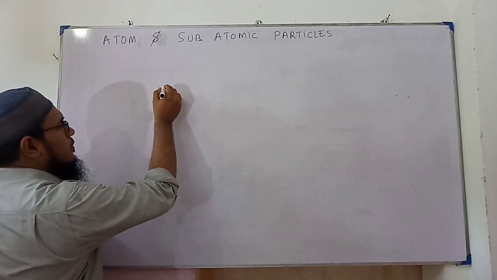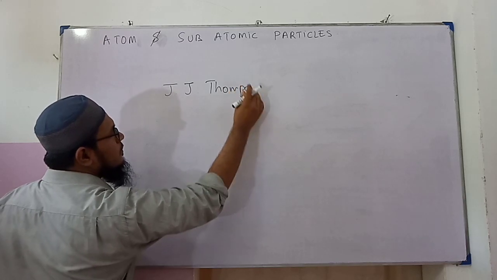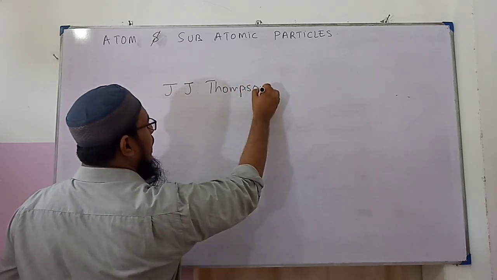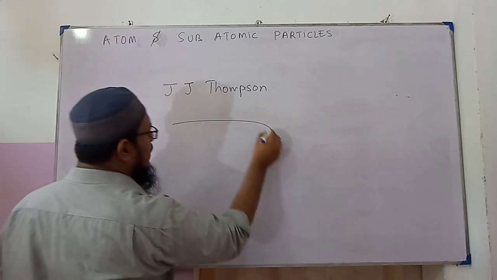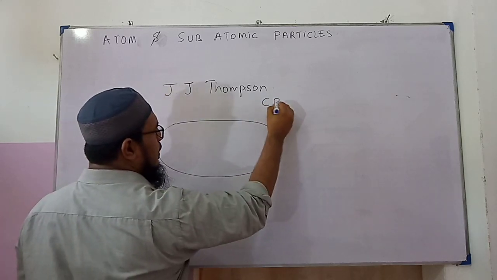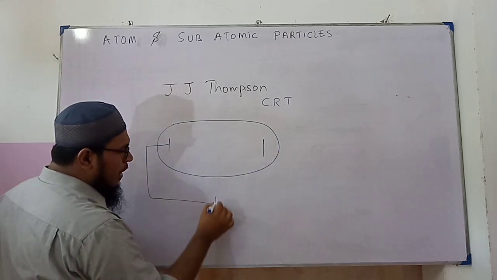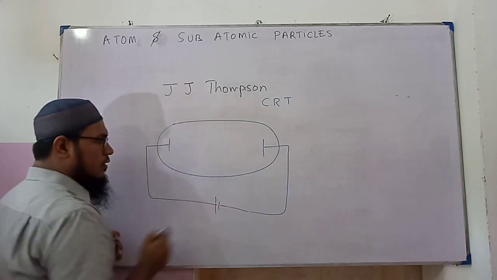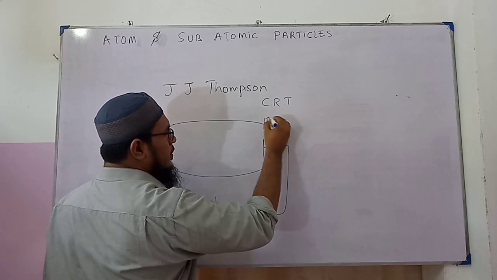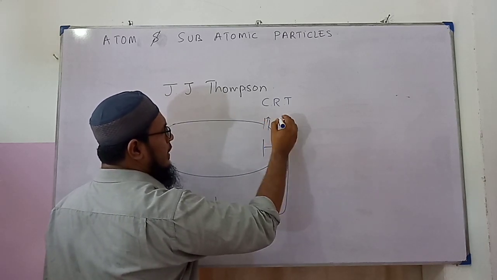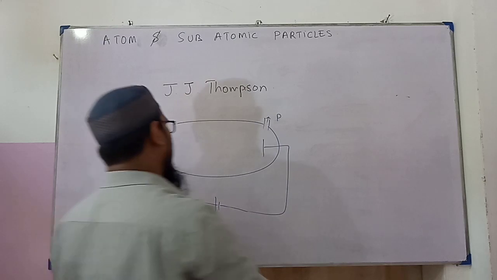Later on, a scientist called J.J. Thomson did a research. He took a cathode ray tube, CRT, and connected it to a high voltage electric current supply, and vacuumed and reduced the pressure of this CRT by making it vacuum.